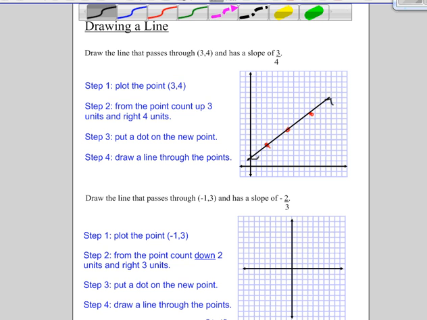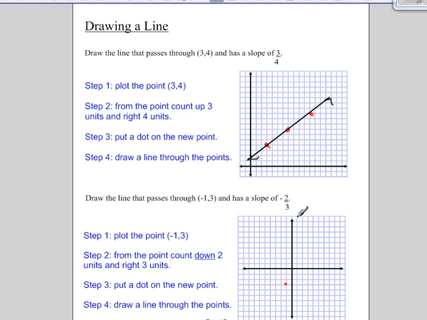So let's try that with the next one. So this one, we have the point -1, 3. So I'm going to go over 1 and down 3. And there's my point. And then from that point, I'm going to do my slope of -2/3. Now be careful with this one because it's negative. So instead of going up 2, like I did in the top one, I'm actually going to go down 2 and then over 3.